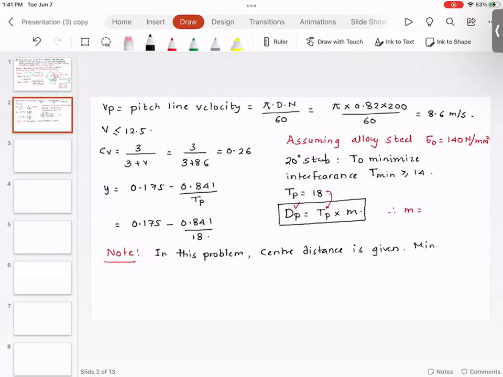Minimum number of teeth can be found out. Thus, module can be determined.